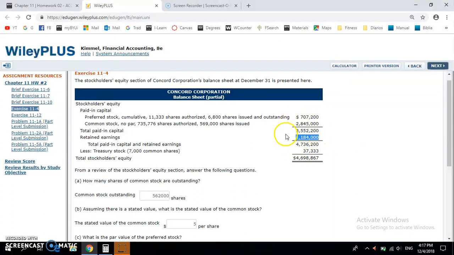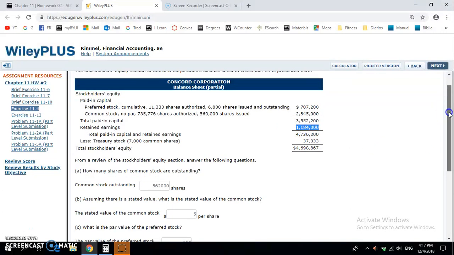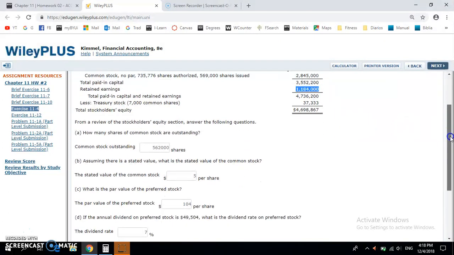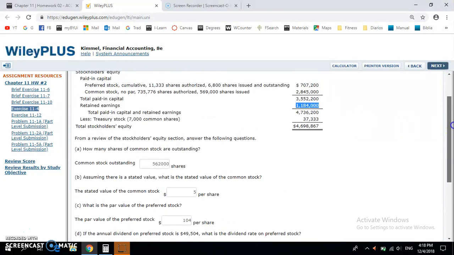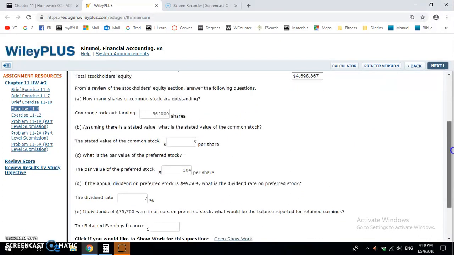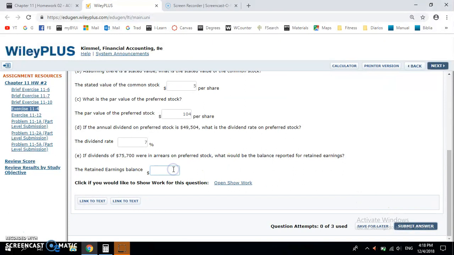You get to this number after discounting the dividends from the net income. So whether they were current dividends or in arrears dividends is the same. The balance would be the same. It wouldn't change. Okay, that's what I think. So it's 1,184,000.